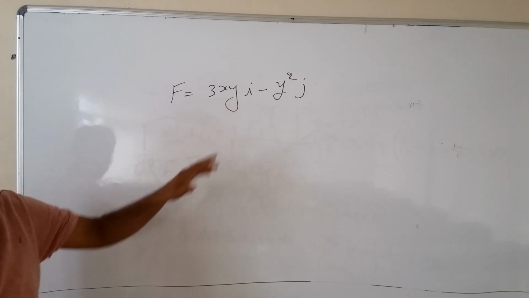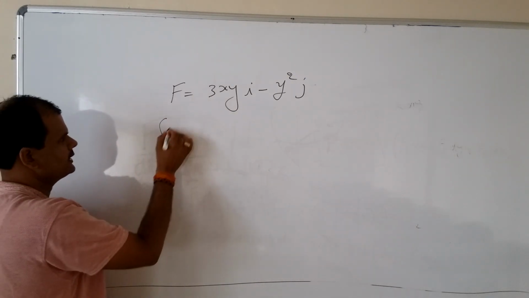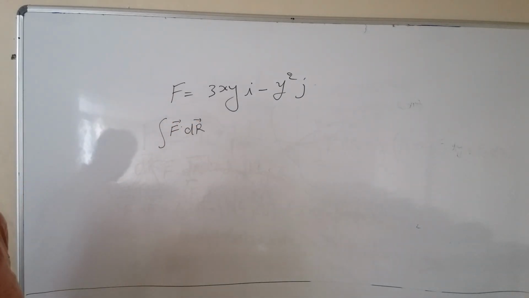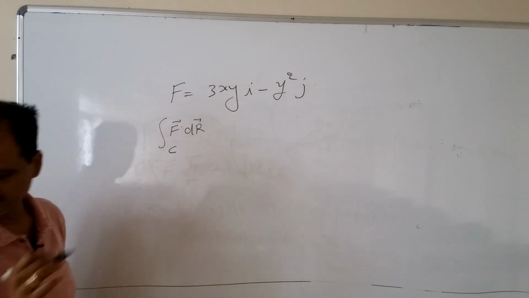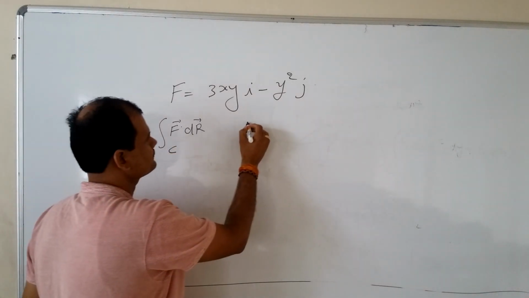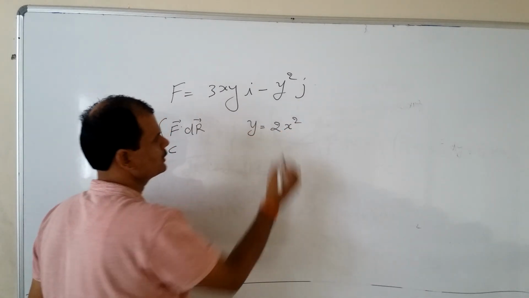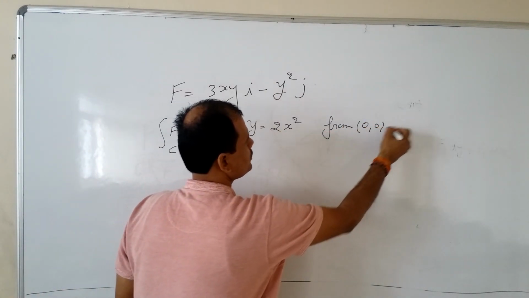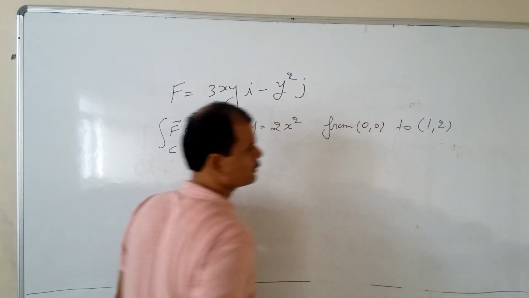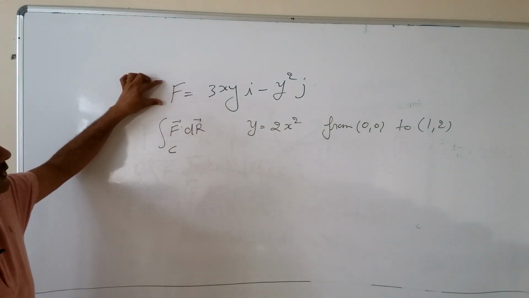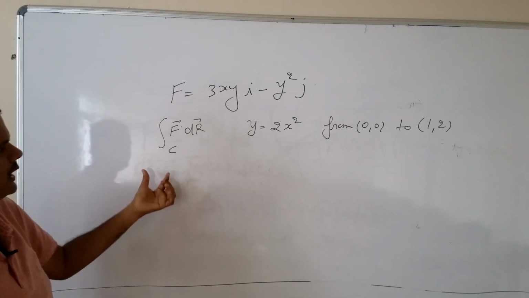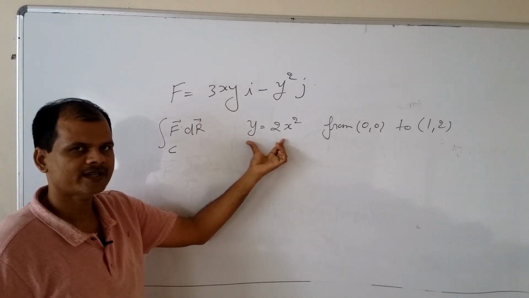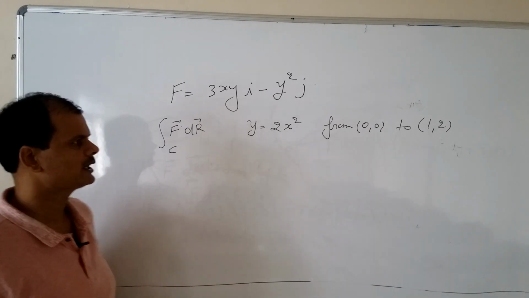Question is, evaluate the line integral of f dot dr along the curve C, where C is the curve in the xy plane, y equal to 2x square from 0, 0 to 1, 2. f is the given vector point function, evaluate the line integral along the curve C, where C is the parabola y equal to 2x square from 0, 0 to 1, 2.